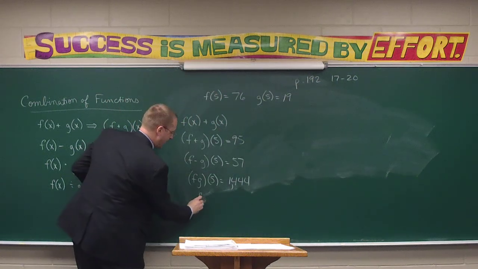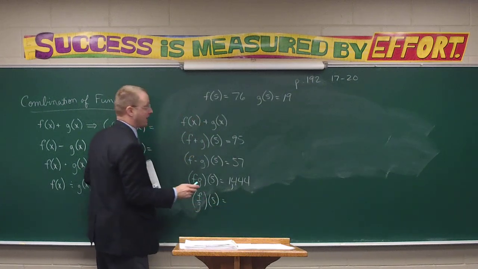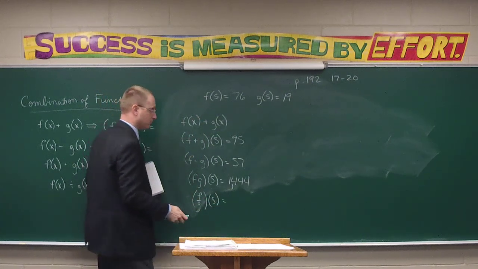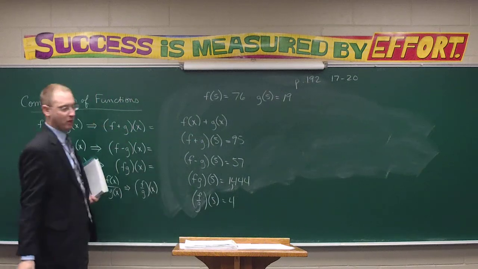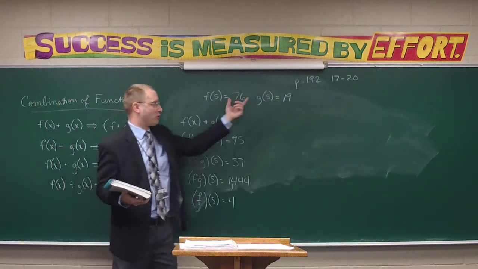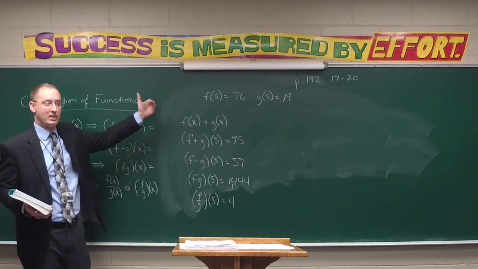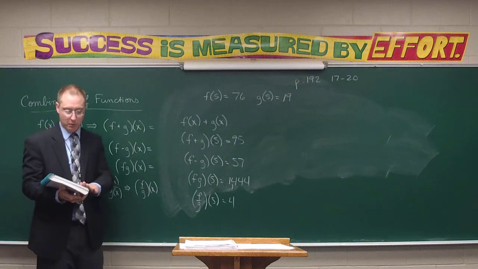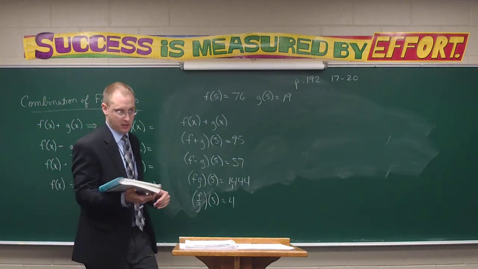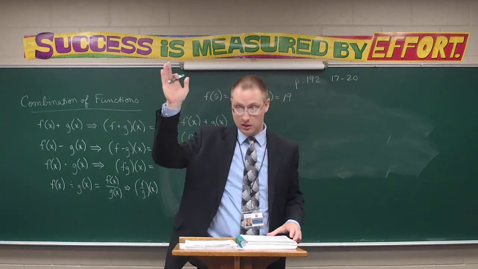And then finally, f over g of 5 is 76 divided by 19. 4. There we go. It's easier when they want you to evaluate because you can get the values right up front and then just add, subtract, multiply, divide the numbers instead of adding, subtracting, multiplying, dividing polynomials like we did on 1 through 15, the odds. Does that make sense? How do I get all of those correct?